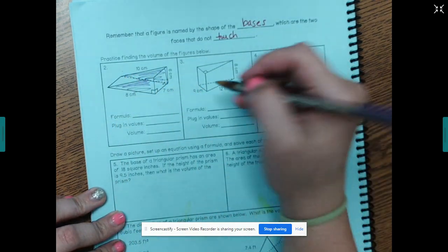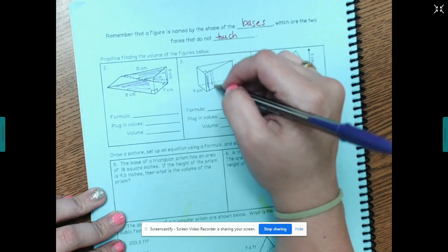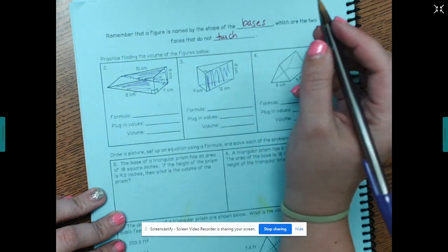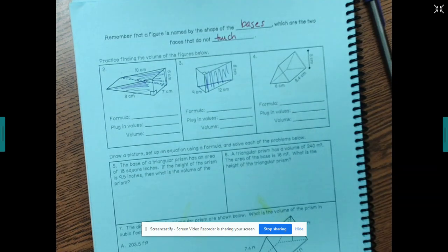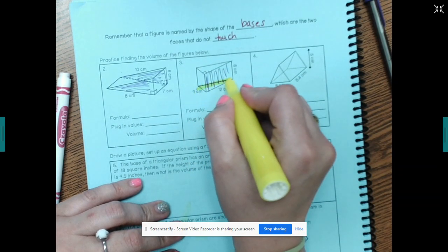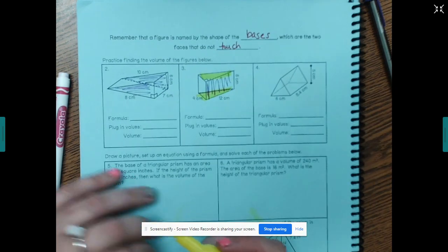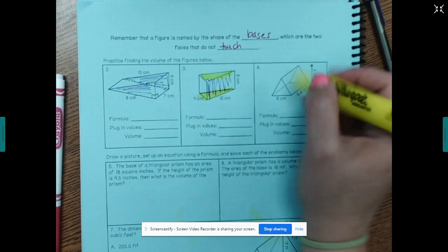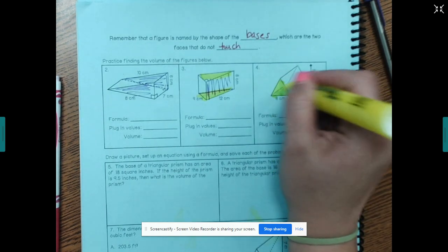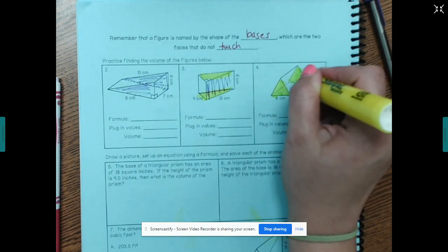Okay? Here, my bases are front. Whoops, no, they're not. I'm going to highlight because I messed up. I forgot what I was doing. Okay, the base is this yellow triangle on the bottom and the yellow triangle on top. Okay, this one, it's the triangle in the front, triangle in the back.